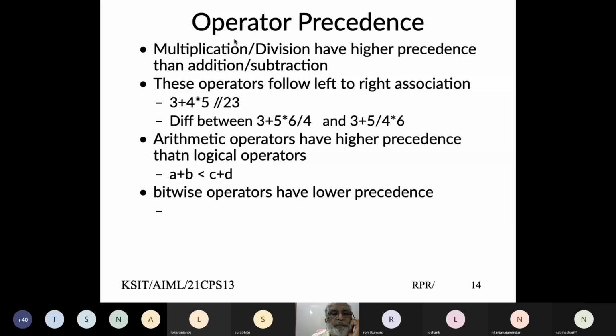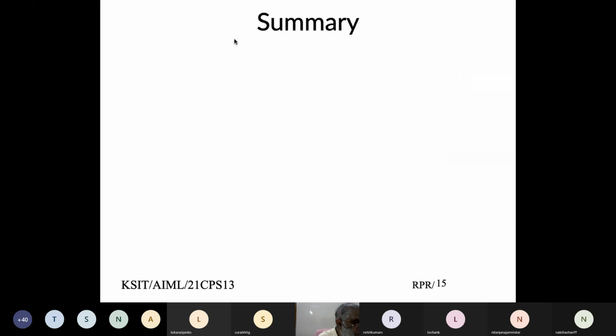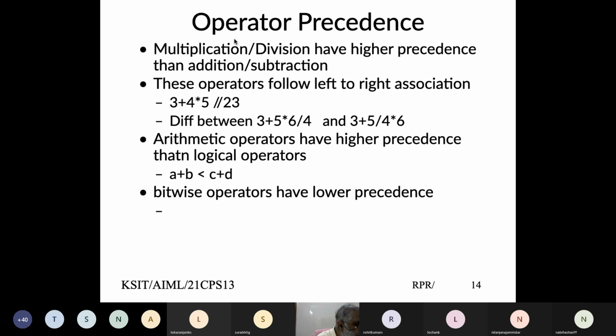Look at the operators. We always have a precedence: multiplication and division have higher precedence. So if I do 3 plus 4 star 5, multiplication has higher precedence, so first 4 star 5 is evaluated, which becomes 20, and then 3 is added, and it becomes 23.